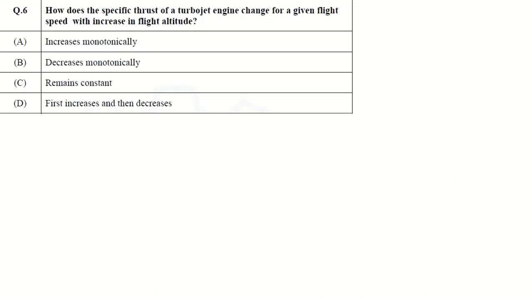That's it. Next question: how does the specific thrust of a turbojet engine change for a given flight speed with increase in flight altitude? We have the thrust equation T equals mass flow rate times (exit velocity minus ambient velocity VA).